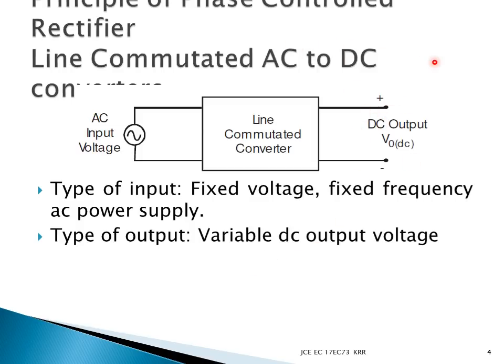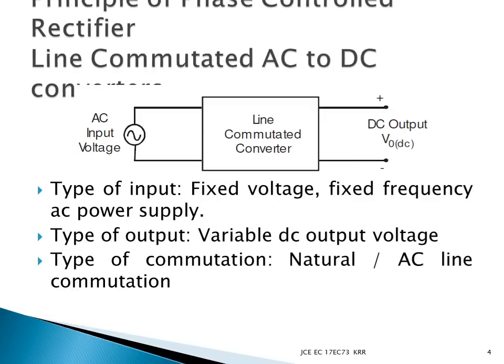But because it is a controlled rectifier, it becomes a variable DC output. Now this is possible because in the rectifier we are not using a diode, we'll be using a thyristor or an SCR. And the type of commutation here is natural because the input itself is going to go negative and is able to turn off the thyristor.